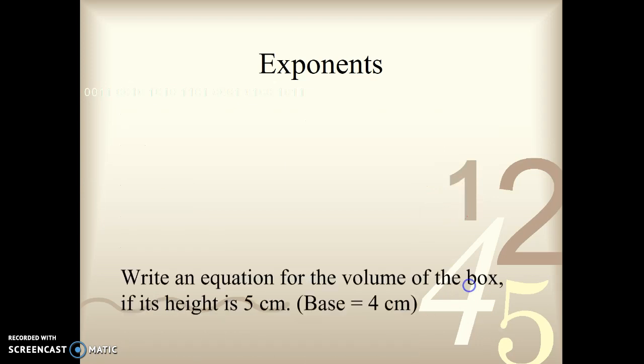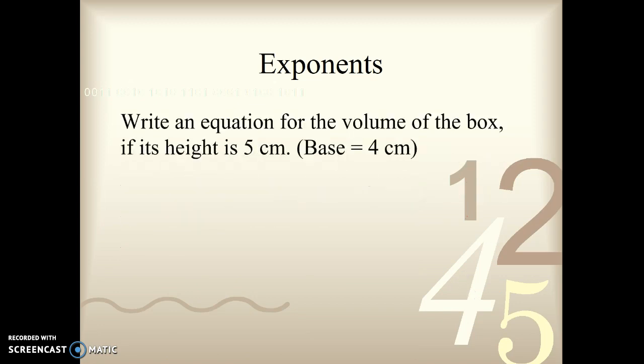Now, let's write an equation for the volume of the box if its height is 5 centimeters. So remember that volume equals length times width times height. So now our box looks like this.